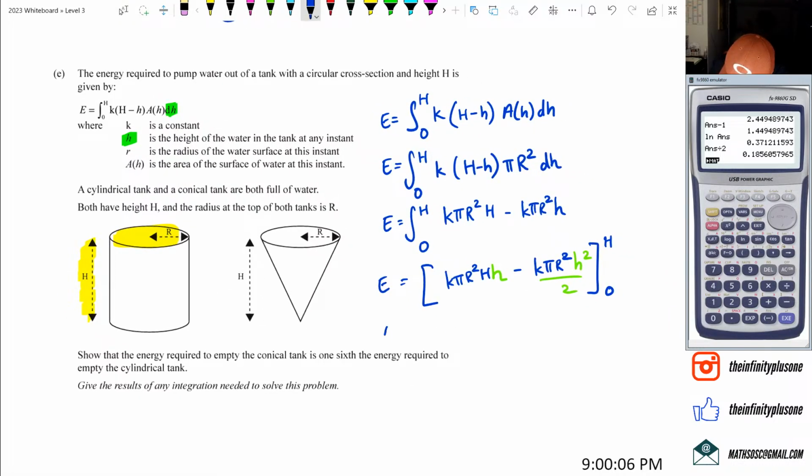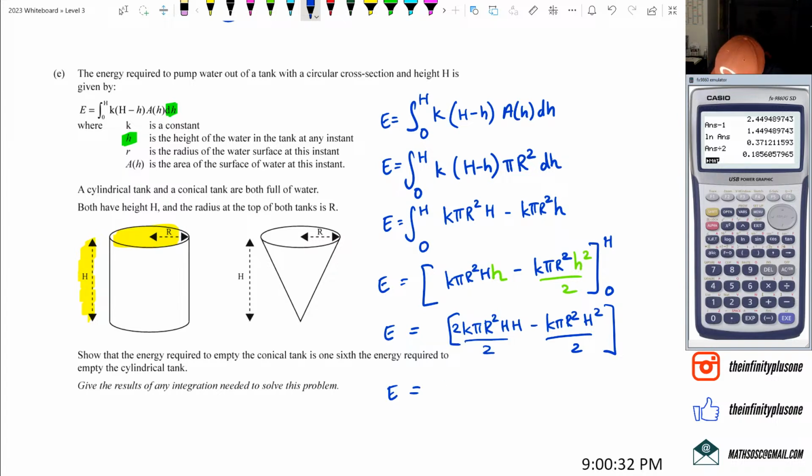So with that in mind, I can then say E is equal to K pi R squared H. The little h has got to be substituted as H, minus K pi R squared H squared over 2. The 0, I'm not really going to worry about it. So this is going to become H squared, so this is 2 over 2.